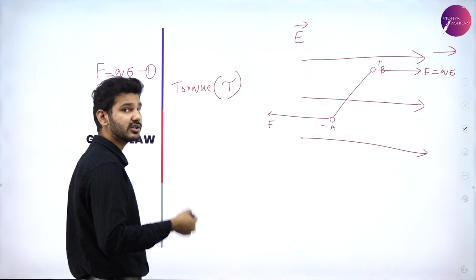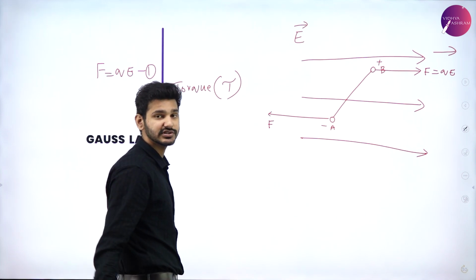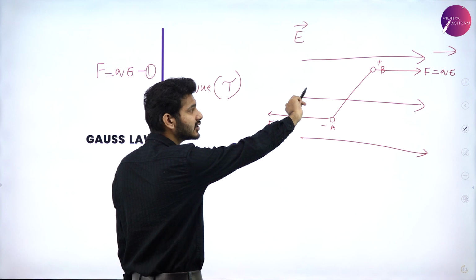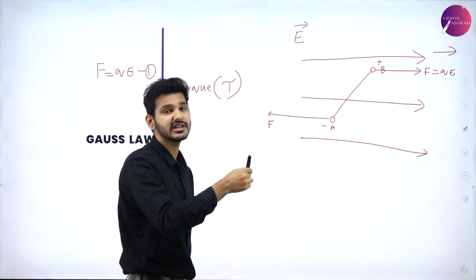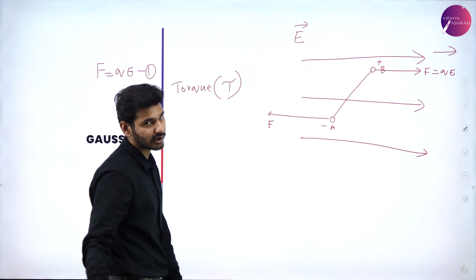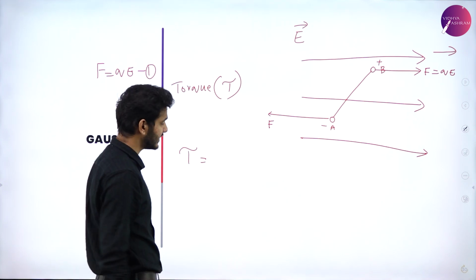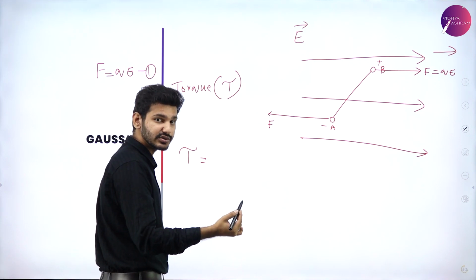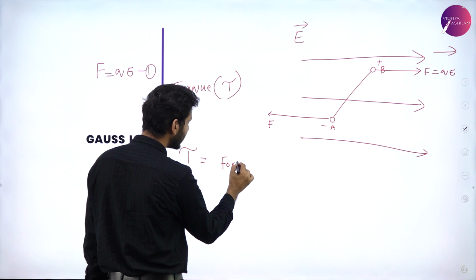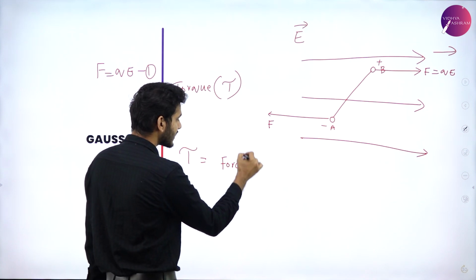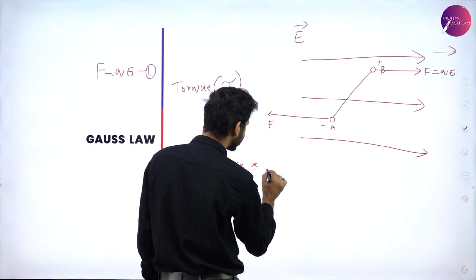Okay, we have to find out the torque which is acting, because even though the forces are acting in opposite directions, the dipole is going for a spin and we are calculating the force in the rotational sense, which is given by torque. So the equation to find the torque is the force applied times the perpendicular arm distance.